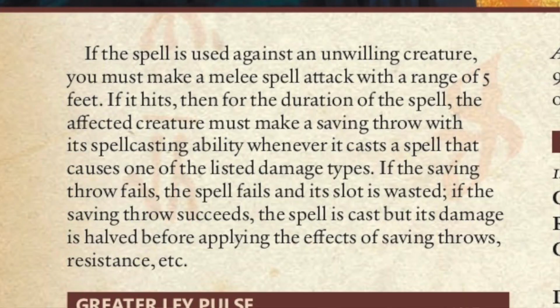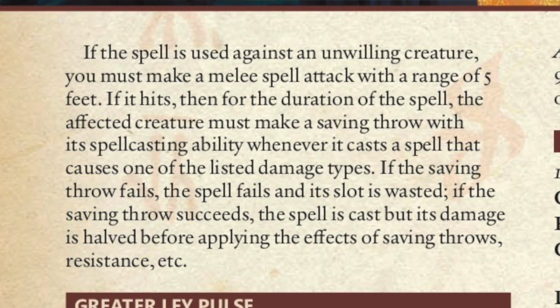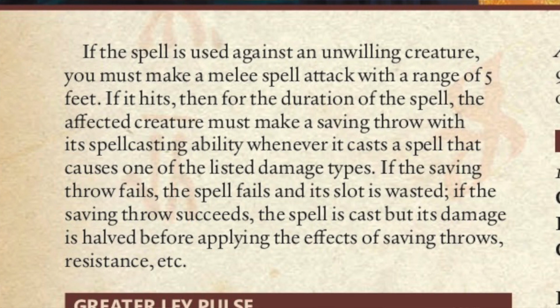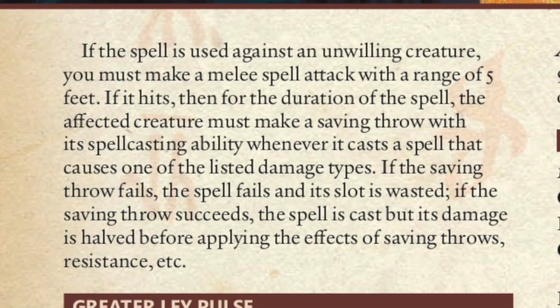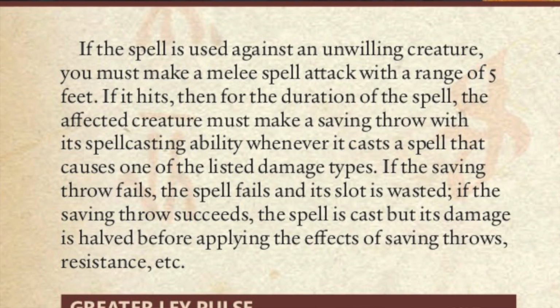And I'm like, okay, that sounds cool. But then it goes on to the next page. And it says, if you used it against an unwilling creature, there's all these weird mechanics that go into it. And to me, they didn't connect. So this was one. I don't know if you had the same instance.